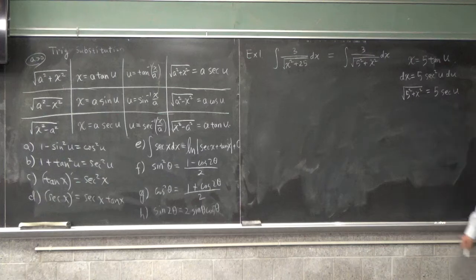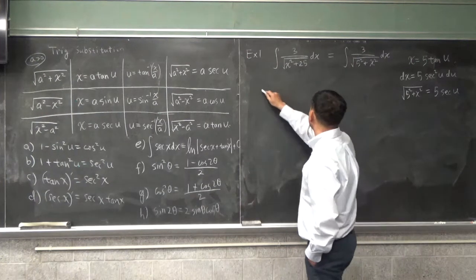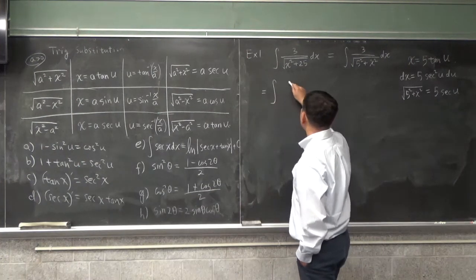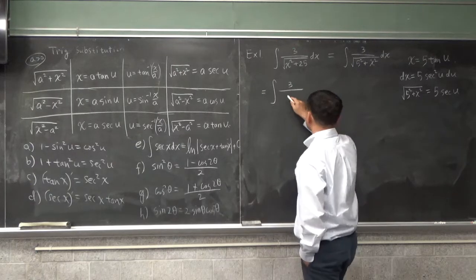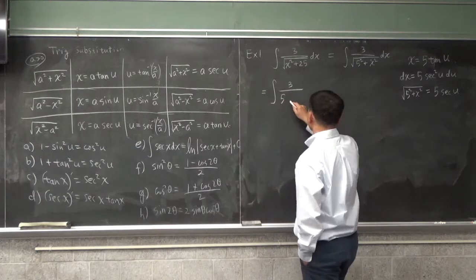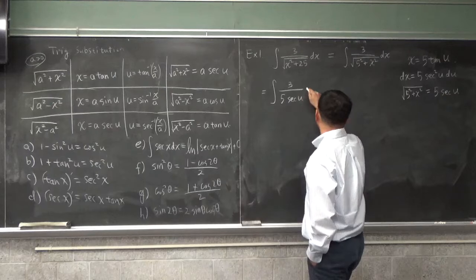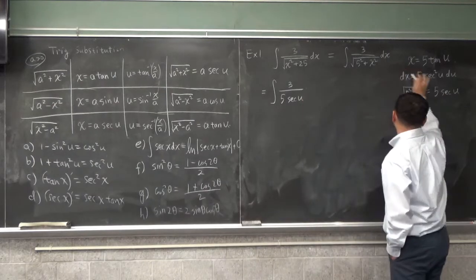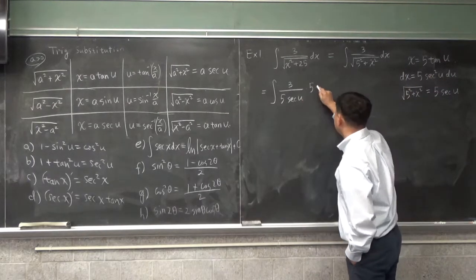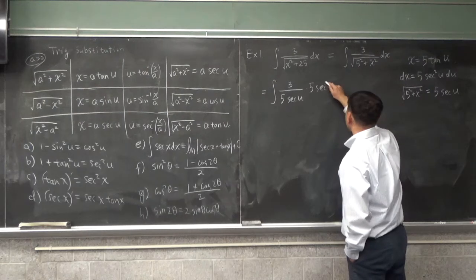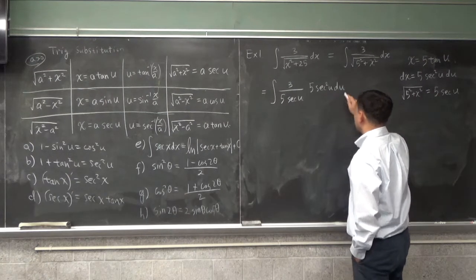And therefore, this integral will be 3 over 5 secant of u times dx, which is now replaced by 5 secant squared of u du.